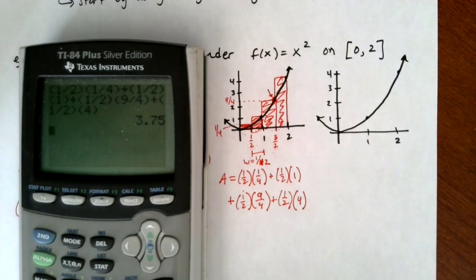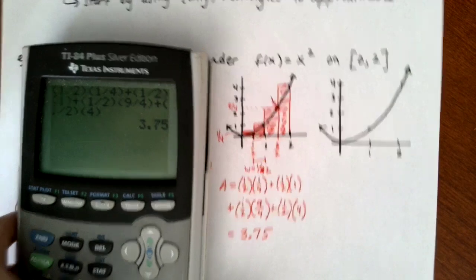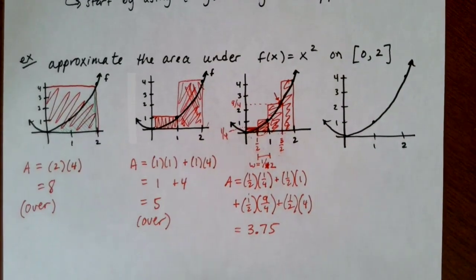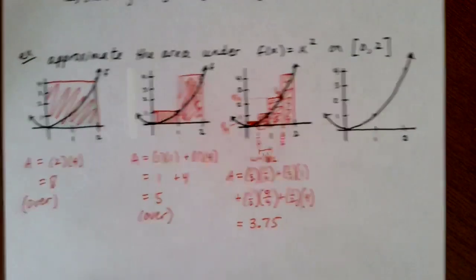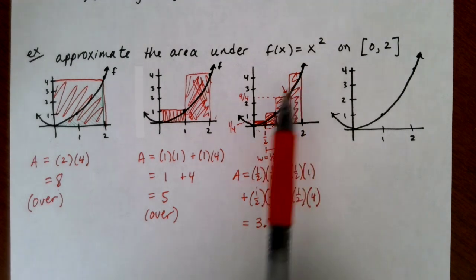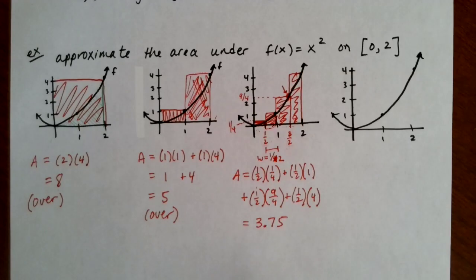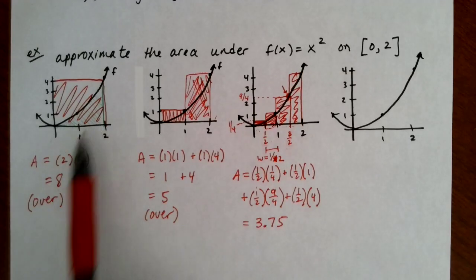All right, 3.75. So now I'm inching even closer to the exact area, and I will spare you in this video, but you could keep going, right? Where you use, how about 100 rectangles, right? And you could turn this into a formula to compute the area of all those 100 little skinny rectangles, and you're getting really, really close to the exact answer for the area, which was the green space over here.